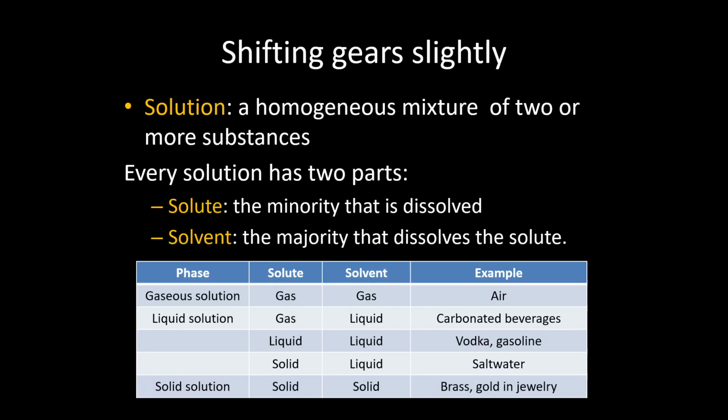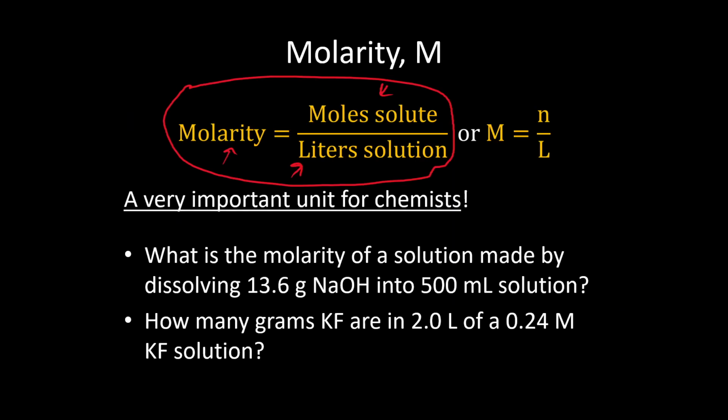As far as solutions, which is the last topic of the chapter here, I do expect you to know the difference between a solute and a solvent. And I expect you to be able to find the molarity of a solution if I give you the data to find it. So if I give you the mass of a solute and information about the solvent, you should be able to find the molarity, the moles per liter.